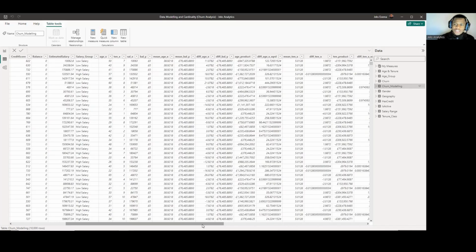So all of these in one data table can be built into a fact table and a dimensional table. How do you know a dimensional table and how do you know a fact table? We'll come to that, but this particular module is specifically for data cardinality and how we connect it.